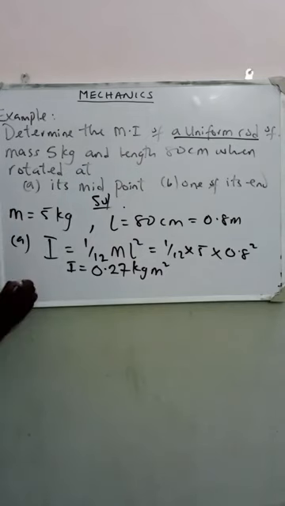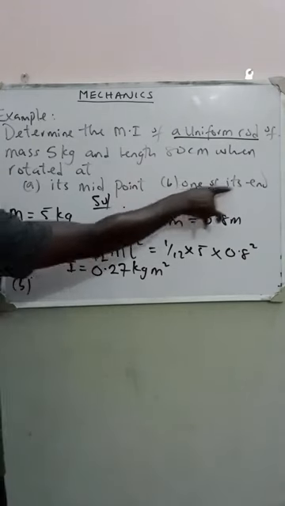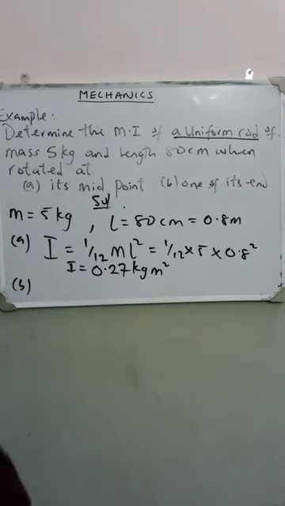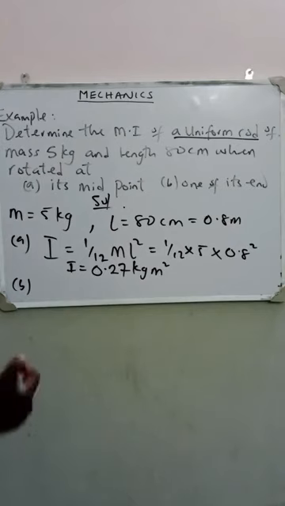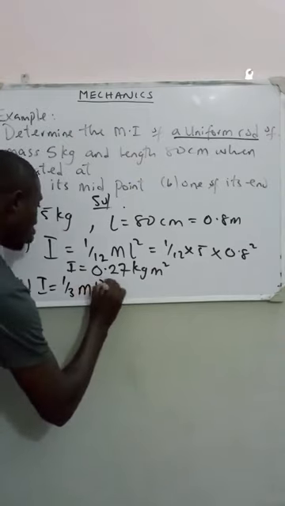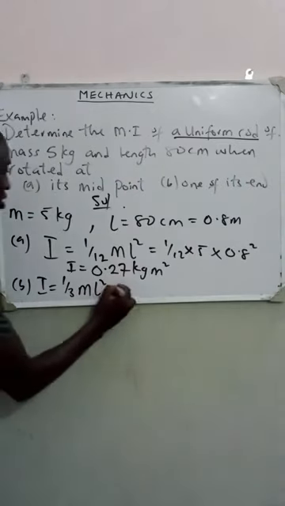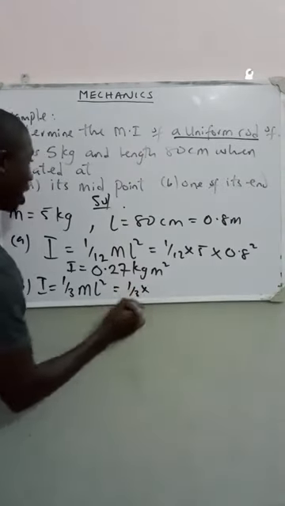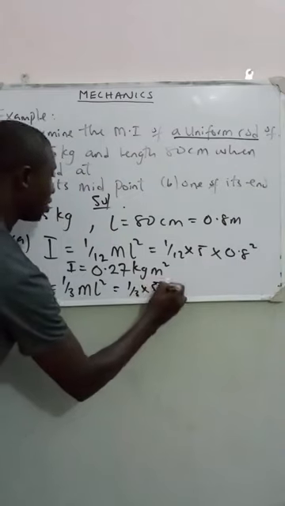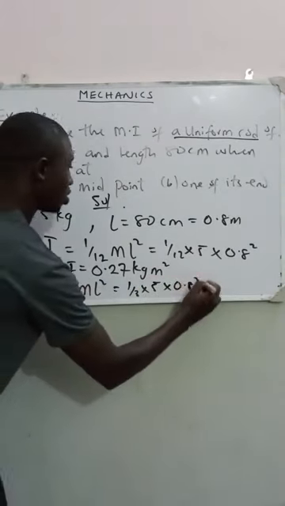For the second one, we want to calculate the moment of inertia when it is rotated at one of its ends. The moment of inertia becomes 1 over 3 ml squared. I equals 1 over 3 ml squared when it is rotated at one of its ends. That is 1 over 3 times the same mass, 5, times l squared, which is 0.8 squared.